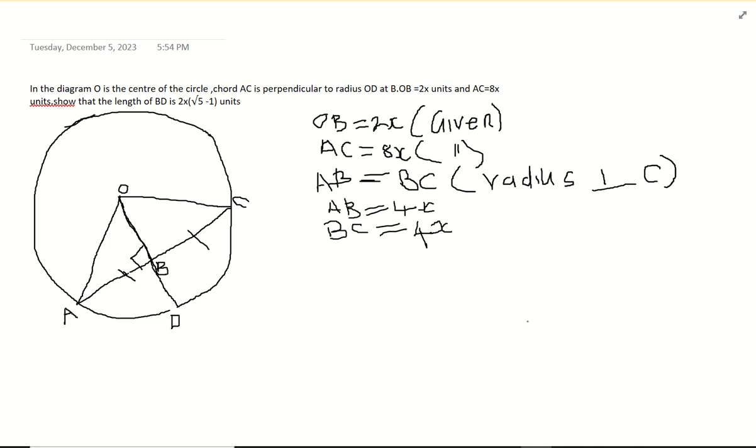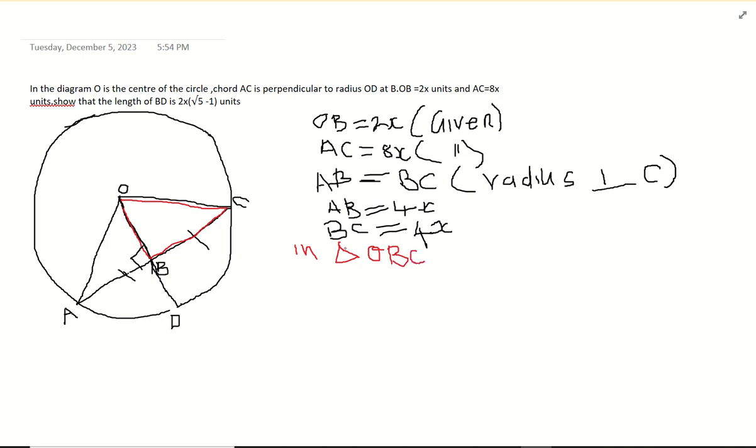Then when we are continuing with our problem, because we need the length of B to D, we are going to use the triangle OBC.